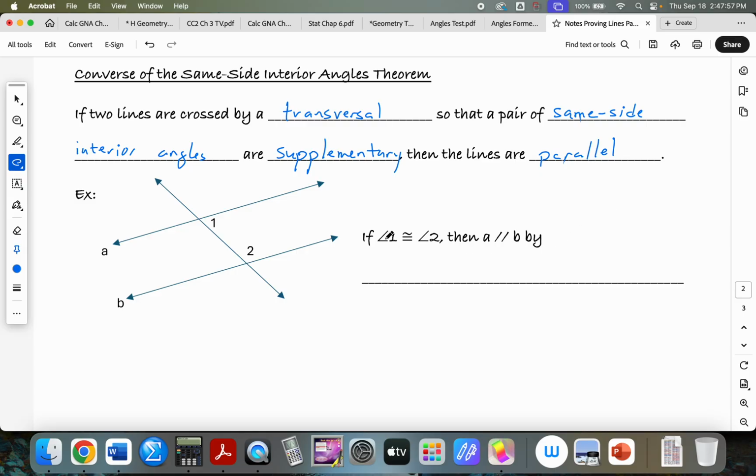So we're going to fix this because this is wrong, isn't it? It's not supposed to say they're congruent, is it? What's it supposed to say? Yeah, angle 1 and angle 2 are supplementary.